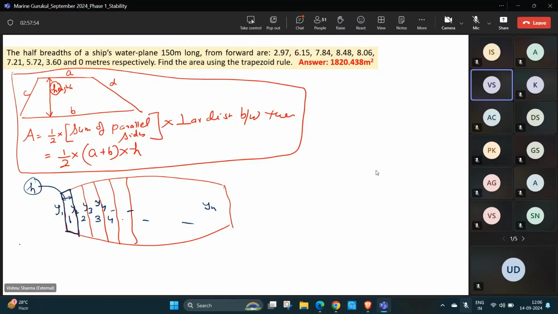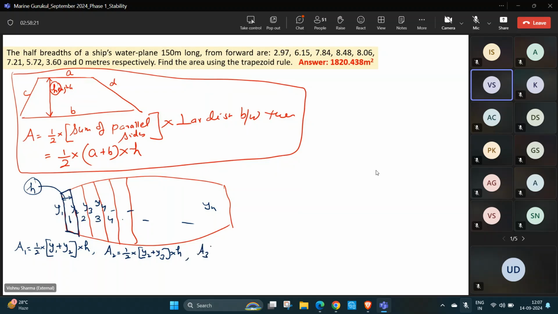So if this is trapezium 1, trapezium 2, trapezium 3, and like this we have n trapeziums here, then area of trapezium 1 will be equal to half into the sum of parallel sides y1 plus y2 into the perpendicular distance between them h. A2 will be equal to 1 by 2 into (y2 plus y3) into h.